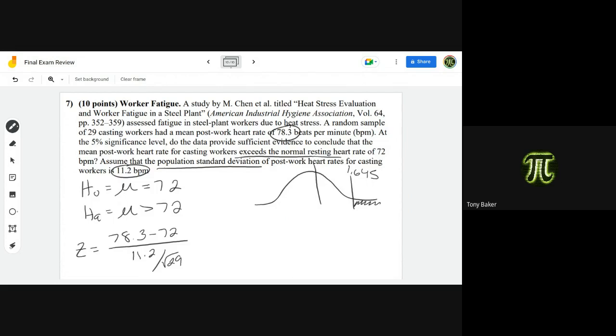In this case, we get 3.03, which is up here. So we're rejecting the null hypothesis. So the mean is higher than 72 beats per minute.